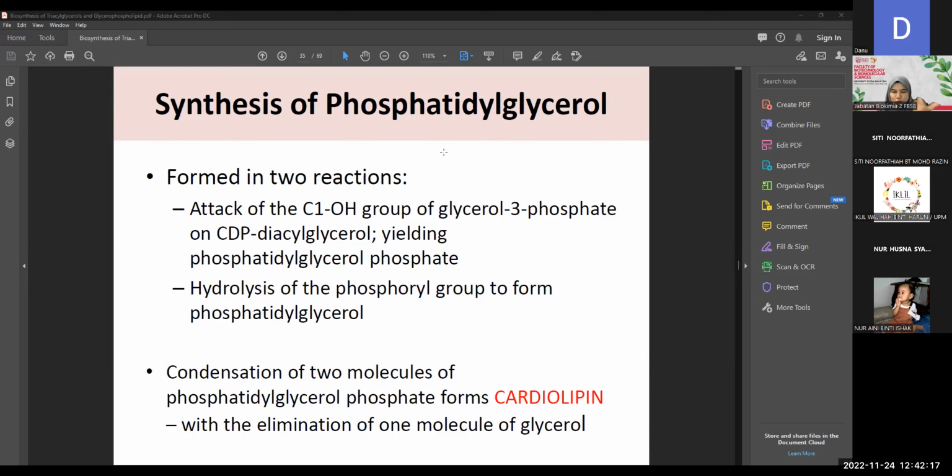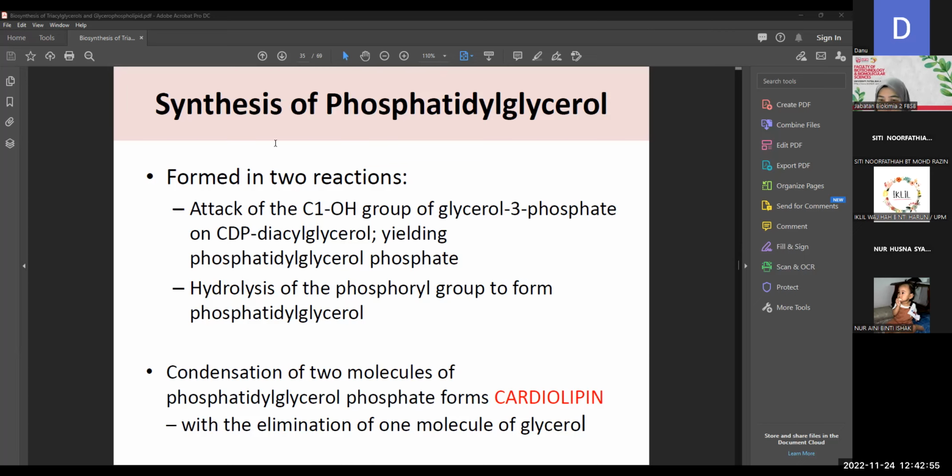All right. Now we have discussed the synthesis of triacylglycerol, and the synthesis of glycerophospholipid, phosphatidylethanolamine, choline, serine, inositol. Now let's look at phosphatidylglycerol. Ada lagi satu. Basically dia lebih kurang sama, is nearly the same, but it involves only two reactions.